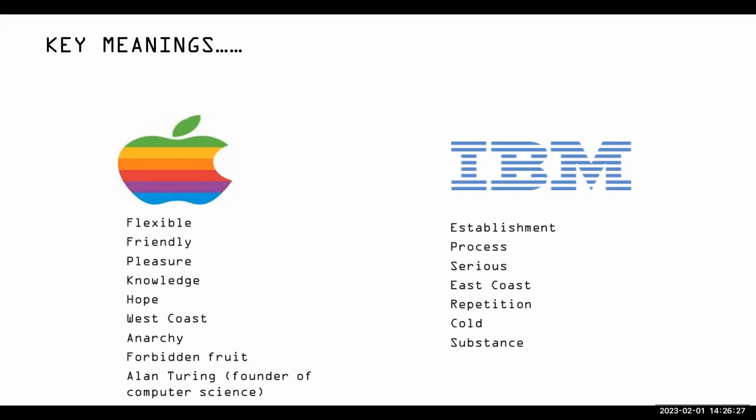It's the opposite of Apple, in the East Coast, which is the literal part of it. But it was about substance, though in a way, it was cold. So you see how different the company culture and the meanings associated with these companies are.